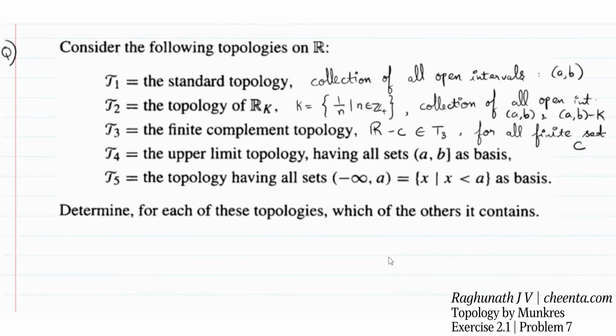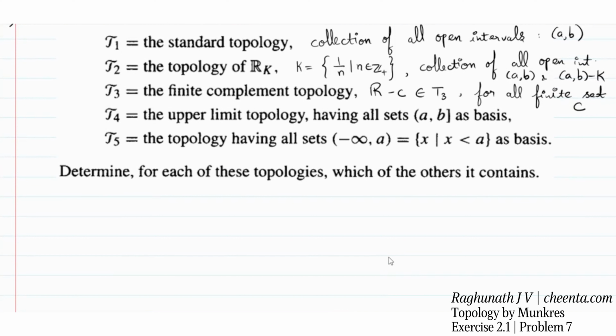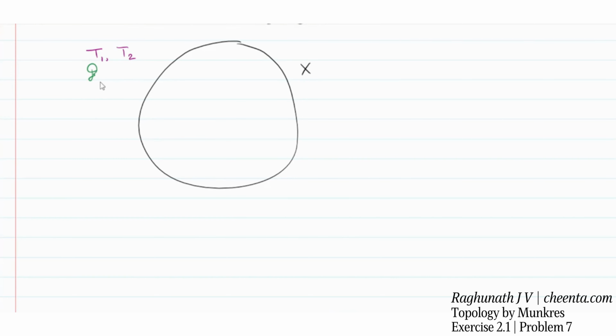So there is a famous idea using bases of these topologies to interpret that. Suppose you have a set X, and two topologies are defined on it, T1 and T2, with bases curly B1 and curly B2.